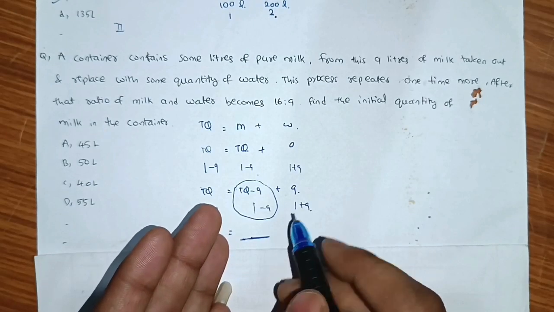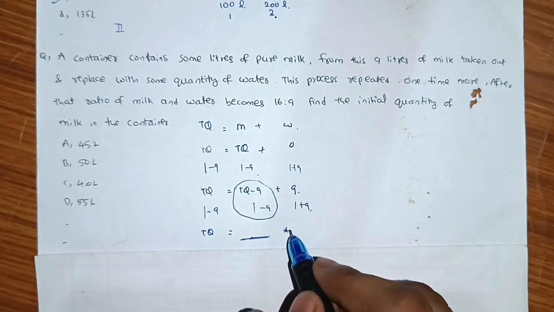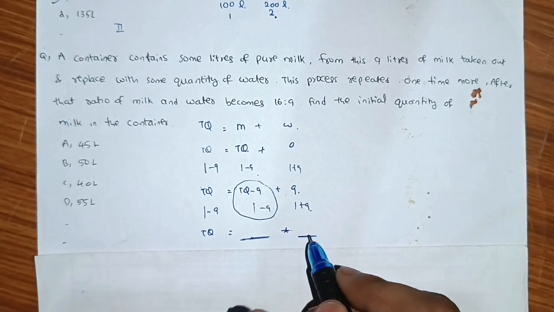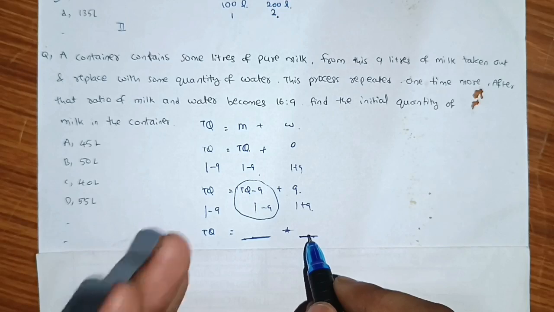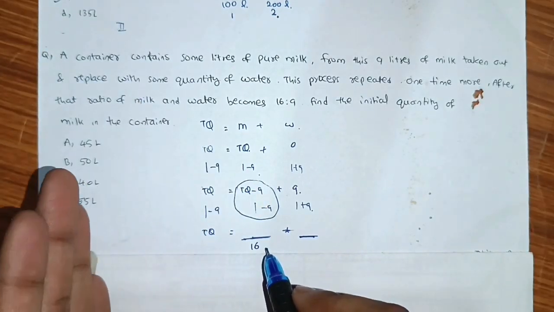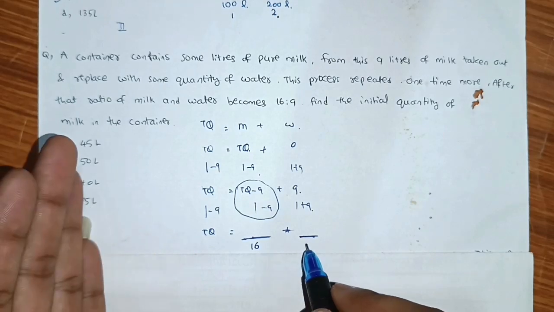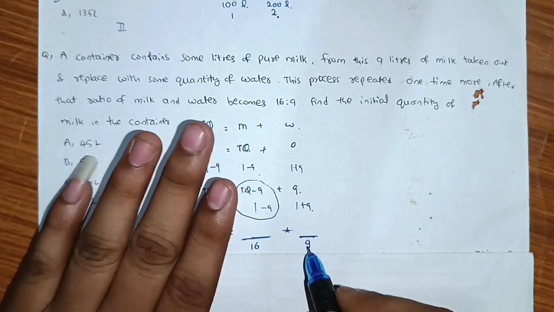So this is the unknown quantity. Again the water is also an unknown quantity. But he has given that finally the ratio of milk to the water is 16:9.